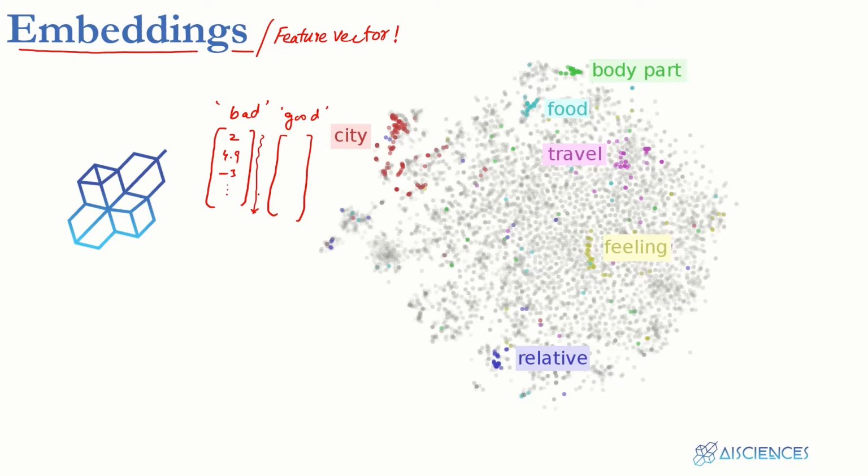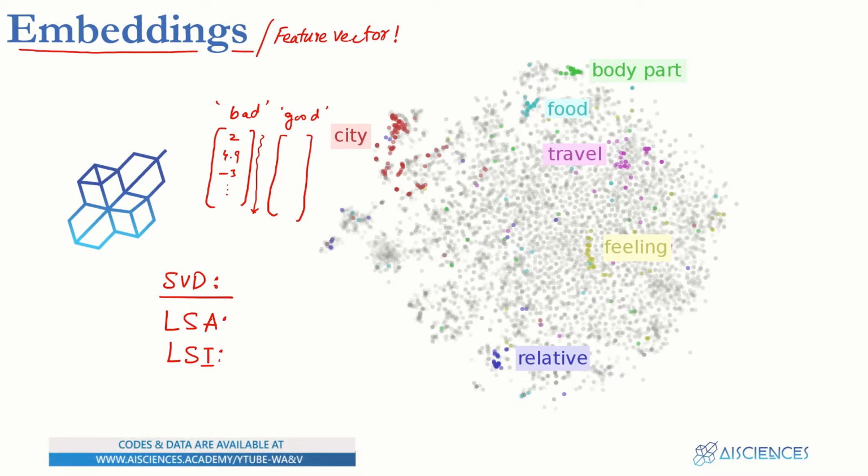And there are several algorithms to come up with embeddings given a large corpus of data. We discussed in our earlier video one way, which is known as the singular value decomposition based method, also known as latent semantic analysis, and sometimes also known as latent semantic indexing. We discussed that to compute these word embeddings.